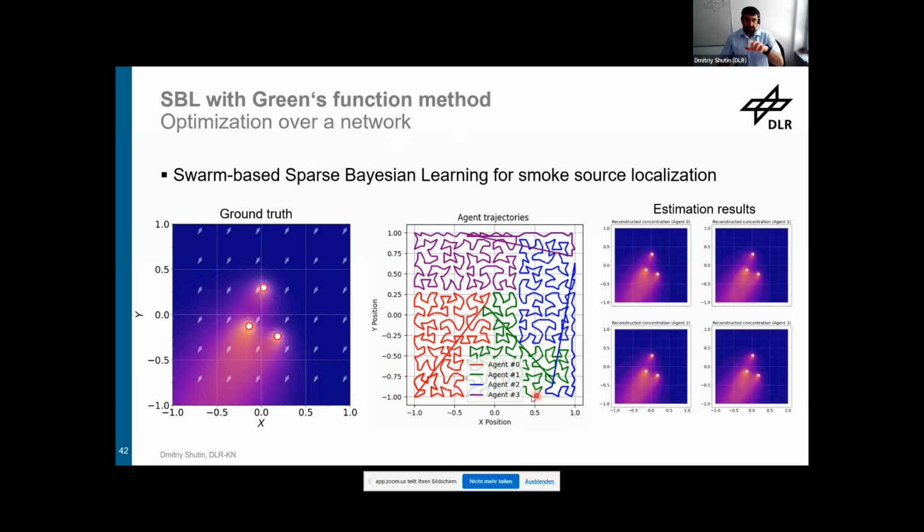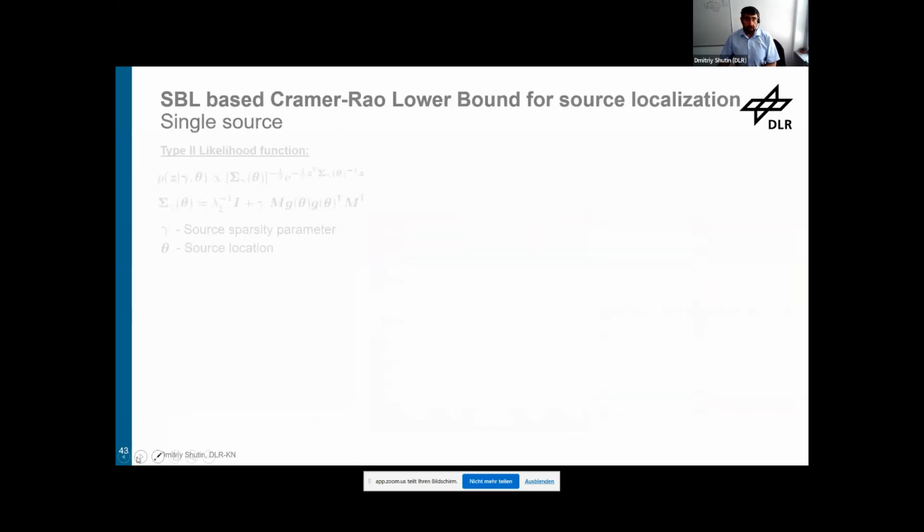As you can see, these curved trajectories cover the whole space, and on the right side you see how the number of sources changes as more and more information is collected. Initially, we start with a very large number of sources, and then the number of sources slowly changes as we relocate them and do the sparse Bayesian estimation, and we end up with exactly the correct number of sources at the correct positions, making the estimation correct.